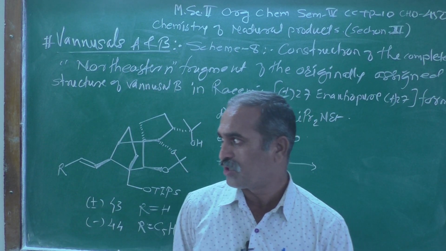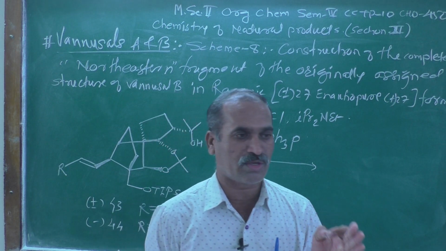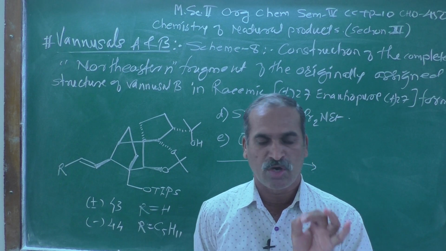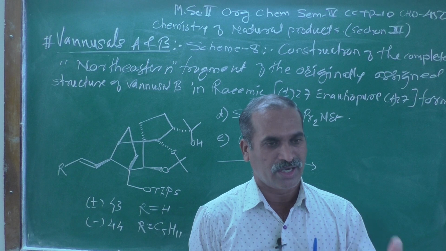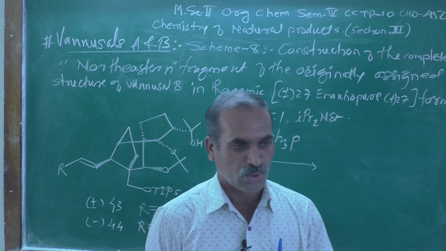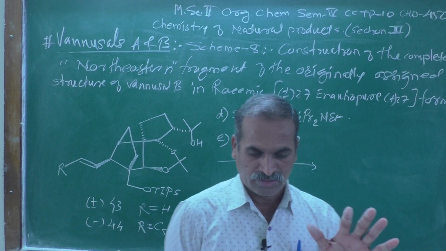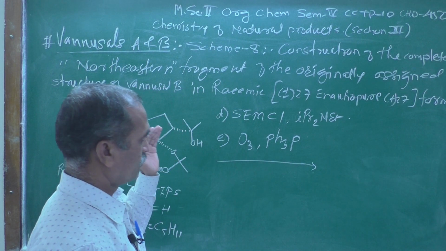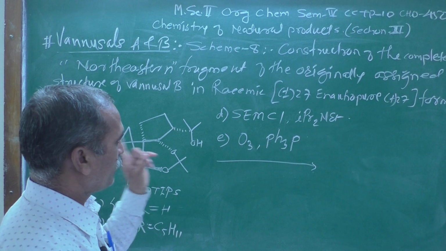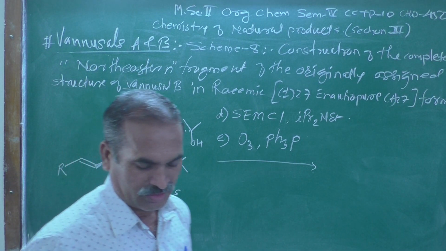Ozonolysis is a process of breaking down a carbon-carbon double bond into smaller fragments of aldehyde or ketone, and that is the role played by the O3 molecule in chemistry.